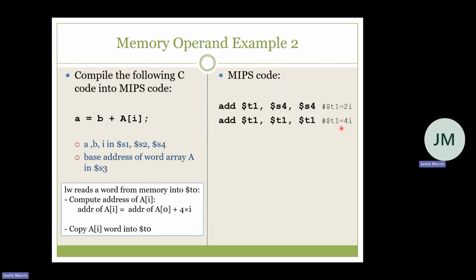So now it's 2I plus 2I is 4I. So that basically gives us S4 multiplied by 4, which is just I times 4. Another way that you can do this is just shift left logical S4 by 2 into T1, and you would do the same thing but in one instruction.